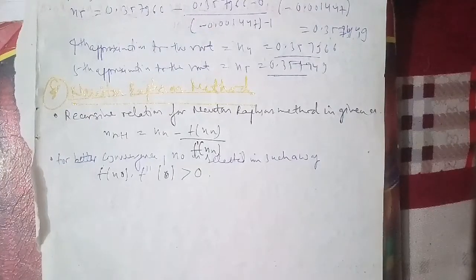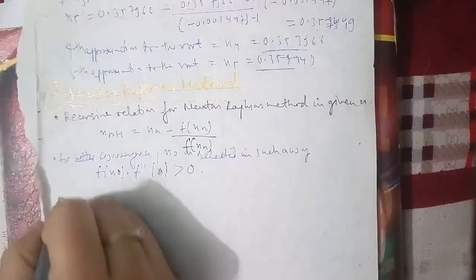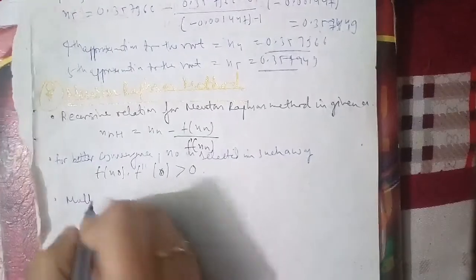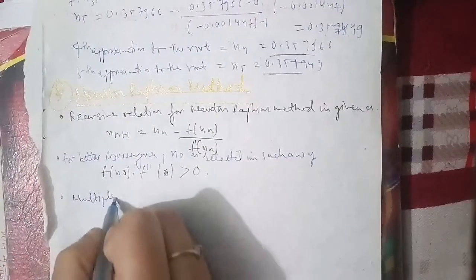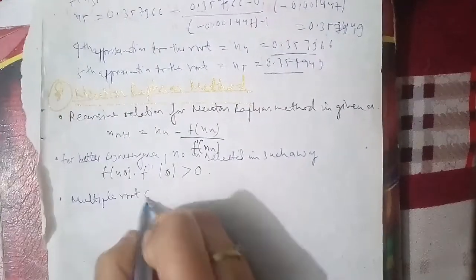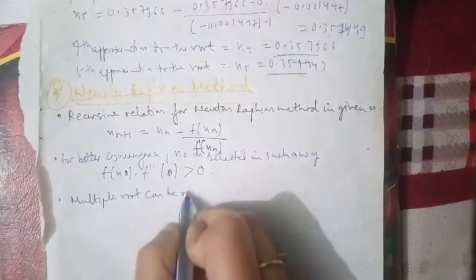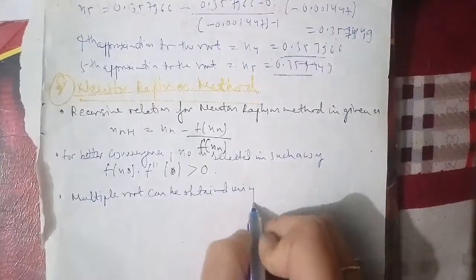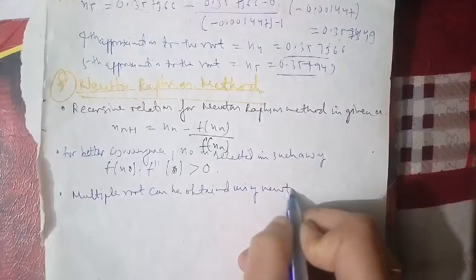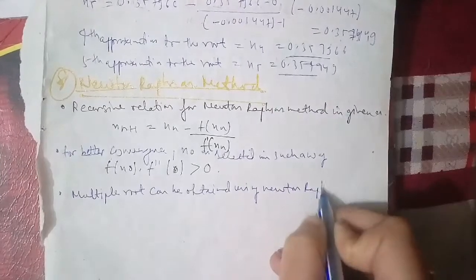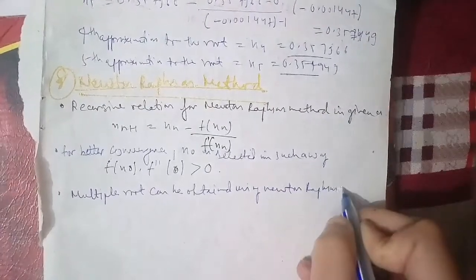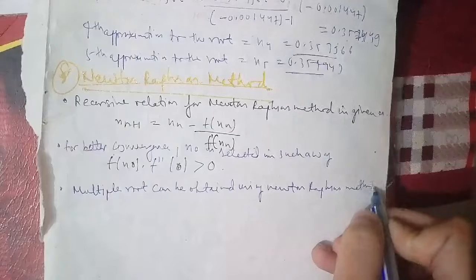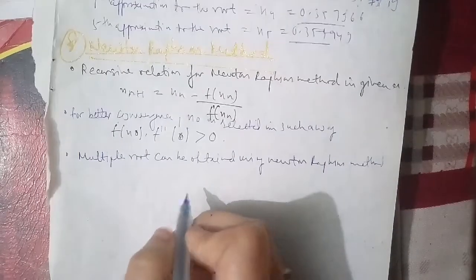Multiple roots can be obtained using the Newton-Raphson method with the following recursive relation.